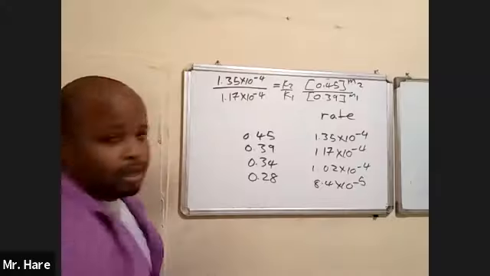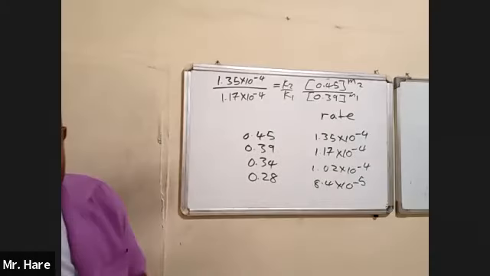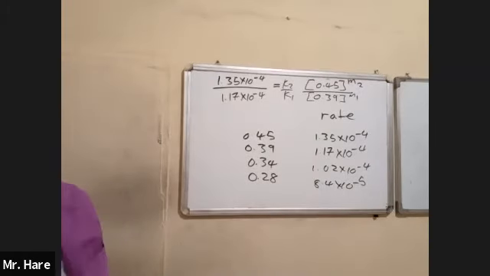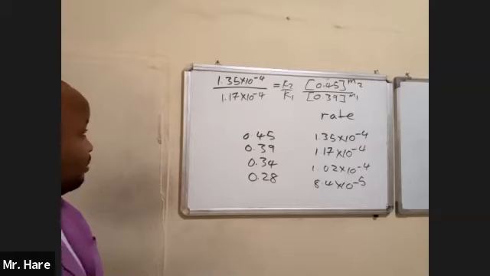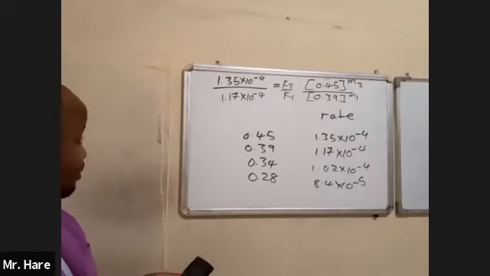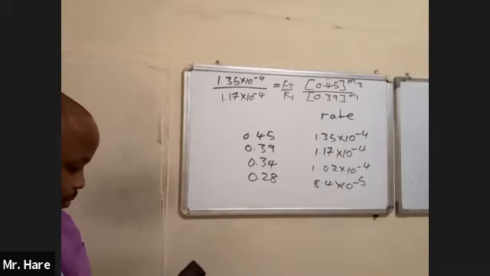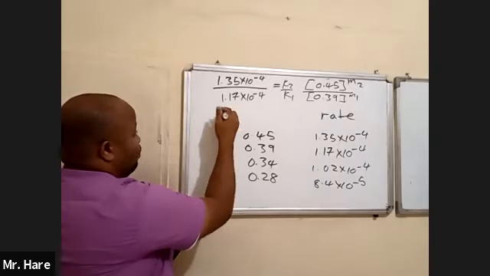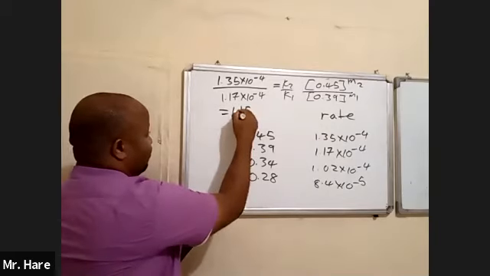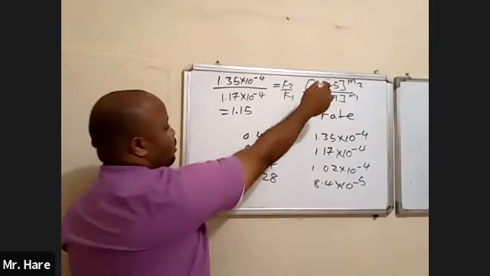What is the answer? All right, let us work it out. Sir, I'm getting 1.15. All right, you get 1.15. And how much do you get for the concentration?